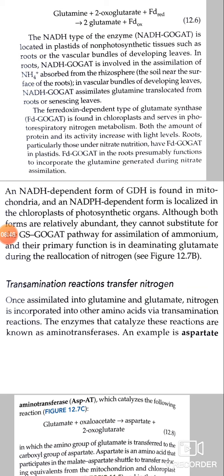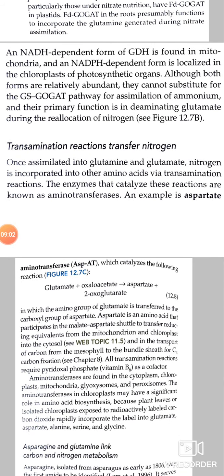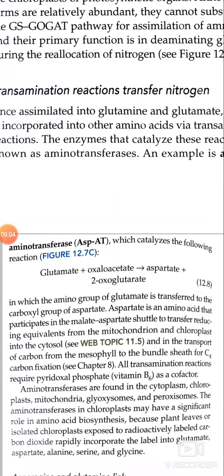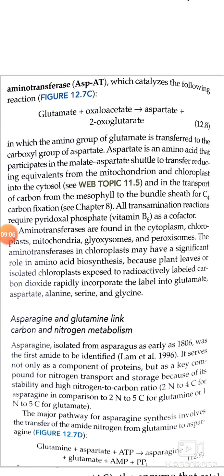The enzymes that catalyze these reactions are known as aminotransferases. An example is aspartate aminotransferase, which is called Asp AT.